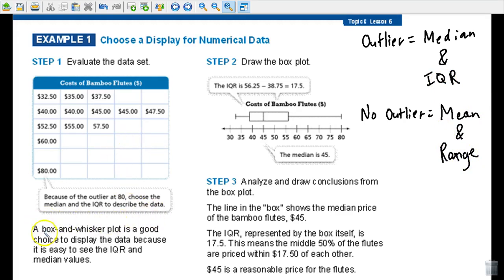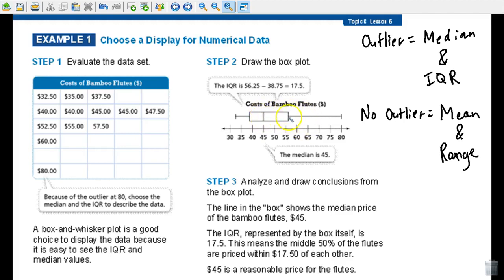Okay, so a box and whisker plot is a good choice to display the data because it is easy to see the IQR and median values. So when using median and IQR, the box and whisker plot, or just box plot, called either one, works very well because you can clearly see right here in the middle is the median, okay?